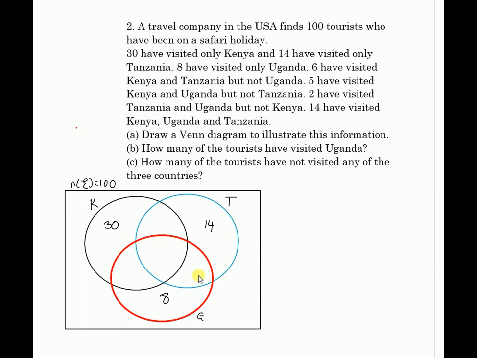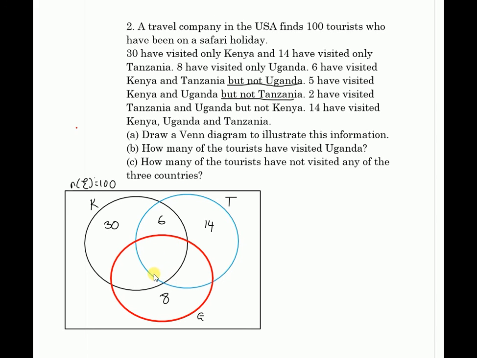6 have visited Kenya and Tanzania, but not Uganda. So the 6 people are lying in Kenya and Tanzania, but not Uganda. Then 5 have visited Kenya and Uganda, but not Tanzania.